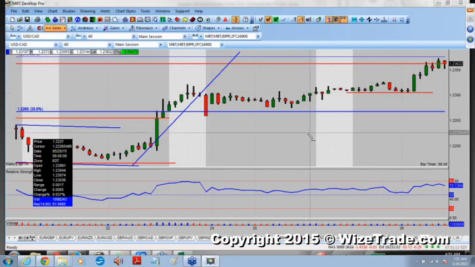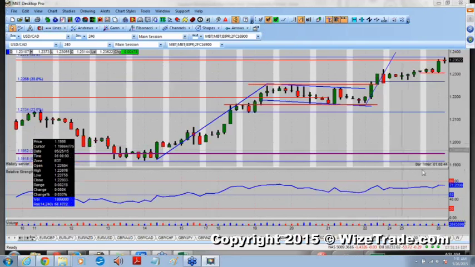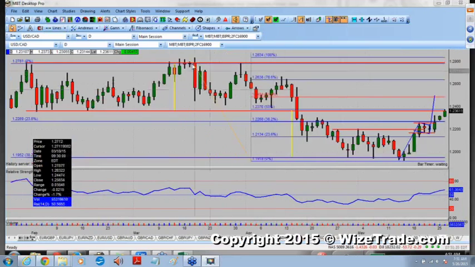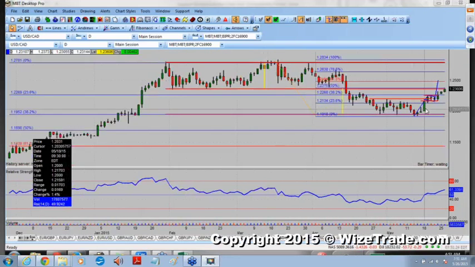There's a lot of people trying to short the Canadian here, because it's at a fib of its entire move. It's a 50% retracement level. Remember, from down here, we were at 120. I was targeting 123.50, and we're here right now.